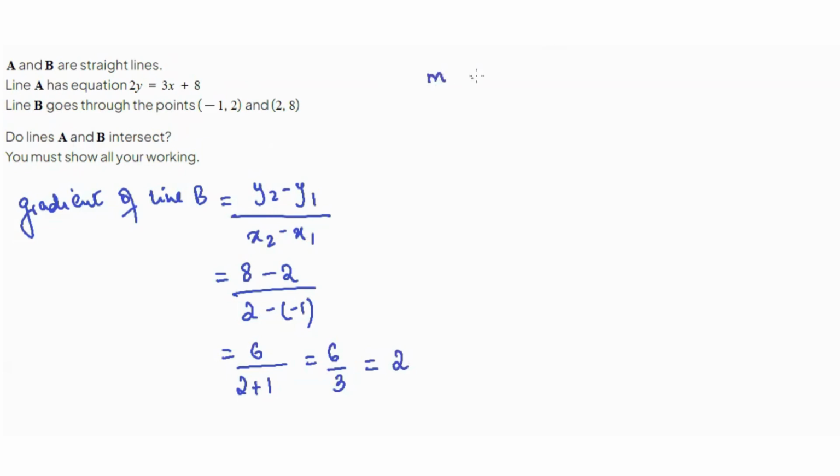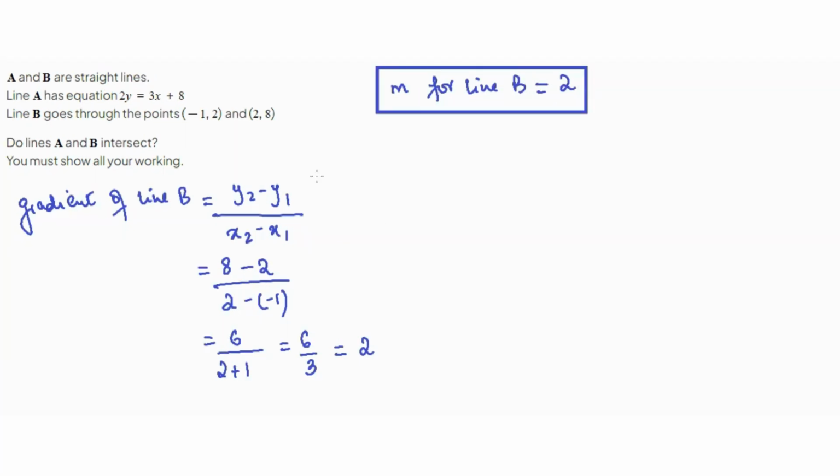So your m for line B is 2. Now let's write the slope-intercept form for line B. Slope-intercept form is y equals mx plus c. Since we know the value of m, it's going to be y equals 2x plus c.